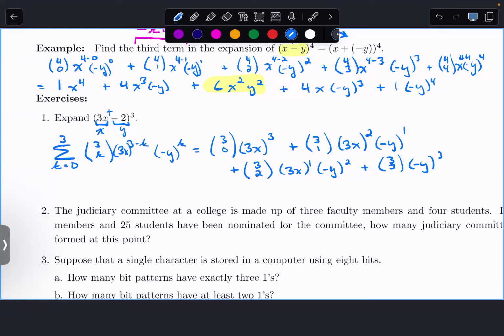I made a mistake, so let me fix that, negative 2. At least I didn't drop the negative.